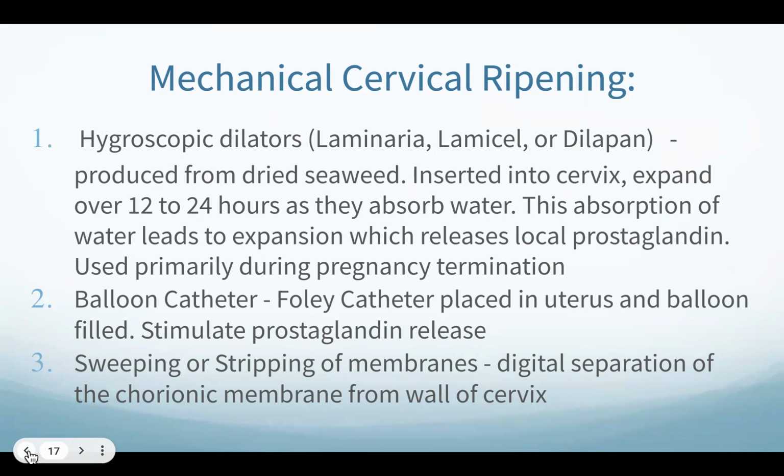When they insert them into the cervix, they absorb water, and as they absorb water, they lead to the release of prostaglandins, which then start the process of uterine contractions and true labor. And you'll see these used during pregnancy termination as well.